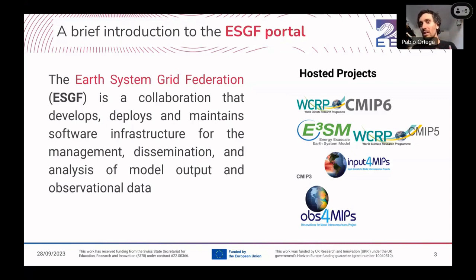You'll be able to judge how it's improved, and you can find data from, I didn't even know, CMIP3 was there, from the previous phase 5 and the 6, and also input4MIPs, that was the data that was produced to be able to run some of the experiments from the Climate Model Intercomparison Project, and also obs4MIPs are the observations that are relevant for all these experiments and initiatives. So all of them is there. You can find it there. You can download the data there.